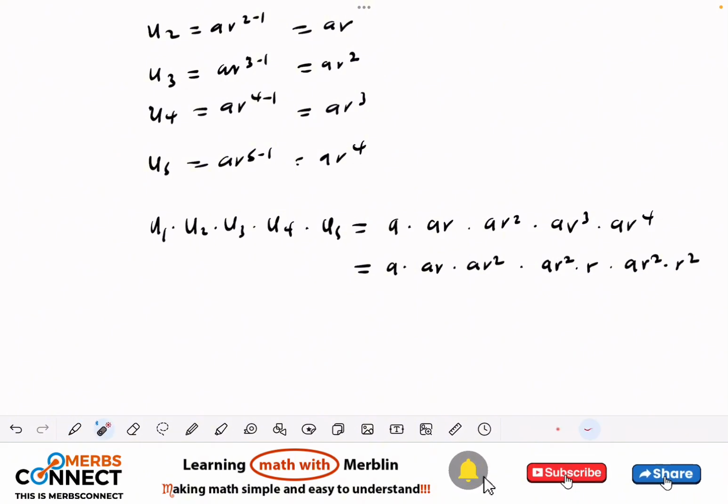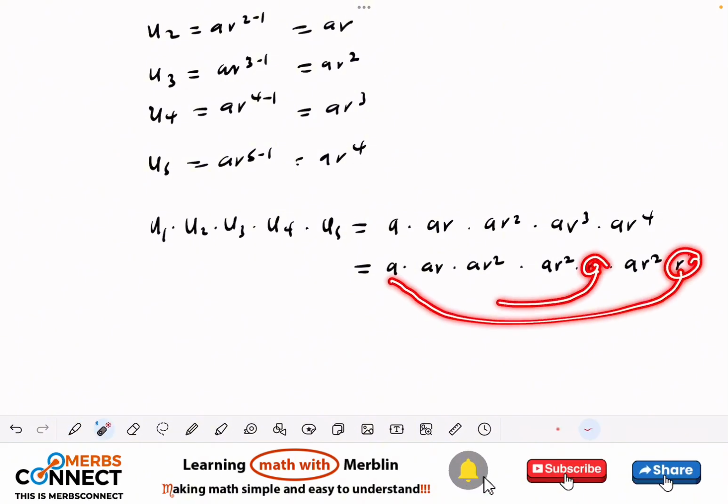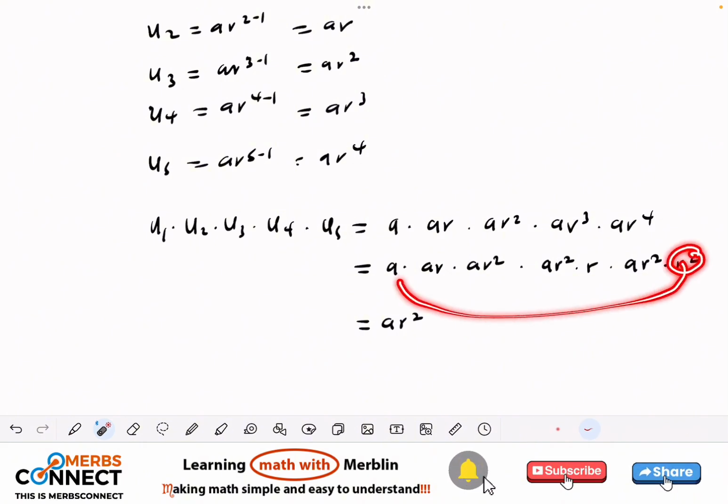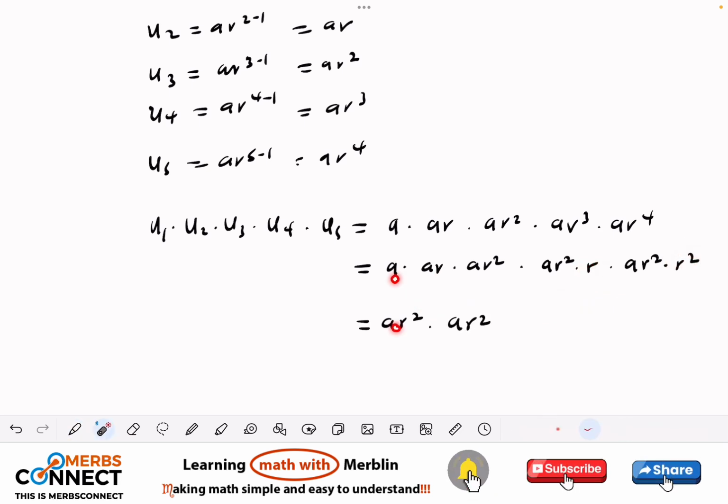So I'm going to move this r squared with this, and this r to multiply this, so that r times r will be r squared. So I'm going to have r squared, which this one is multiplying, and then this one will multiply r, which is going to give us r squared, so times another r squared.